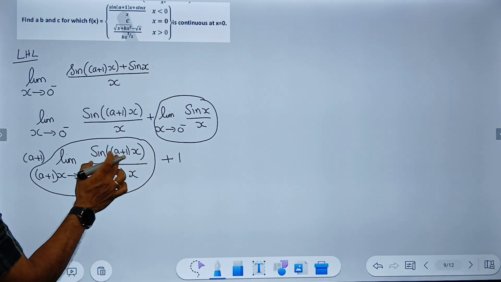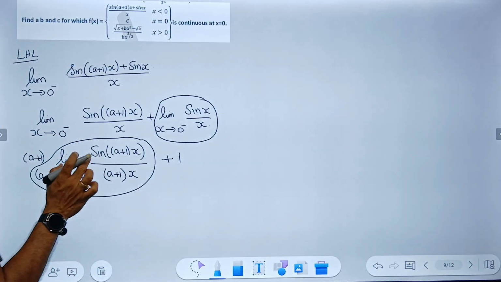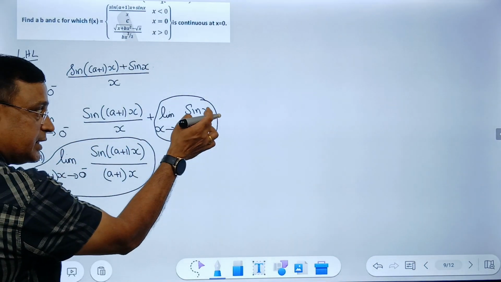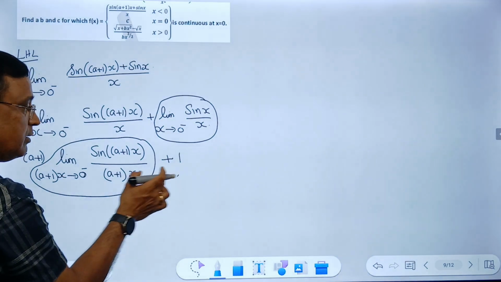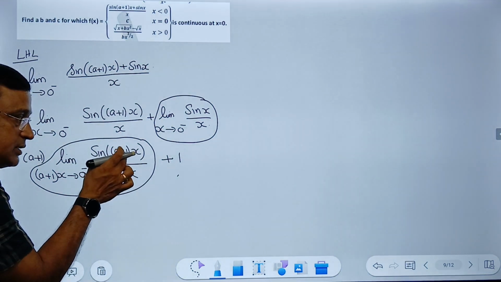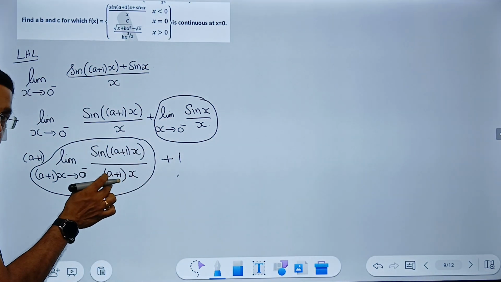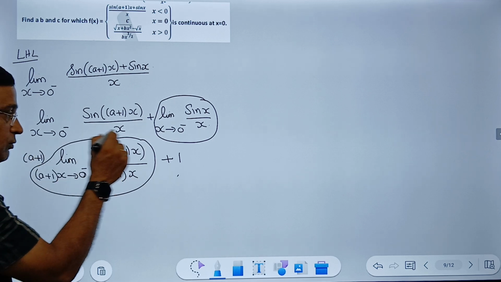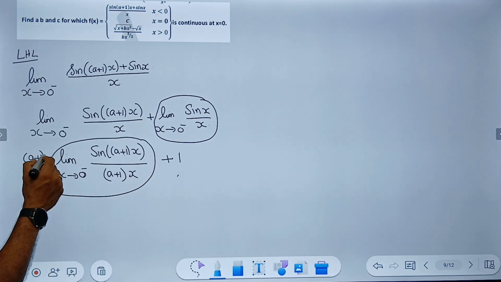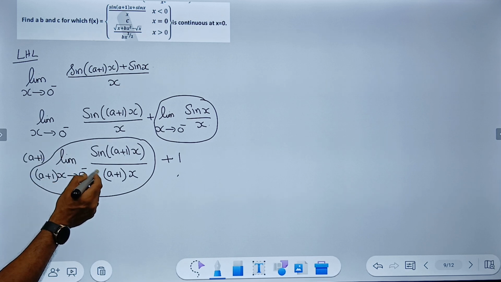Here in this case my theta is x. Since it was x here, I directly wrote it as 1. But here my theta is a plus 1 into x. So I have to make a plus 1. If it is not there, just multiply and divide by a plus 1. So now this satisfies the condition of sine x by x when x approaches 0 is 1.